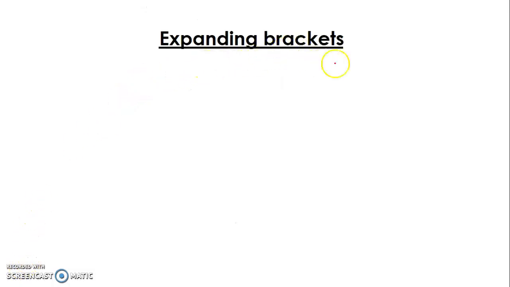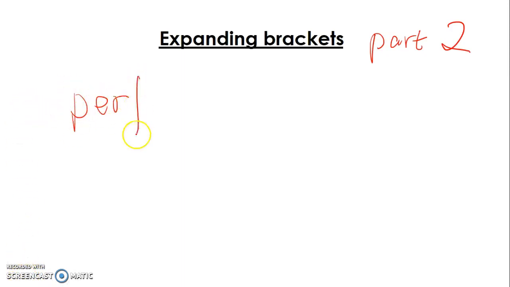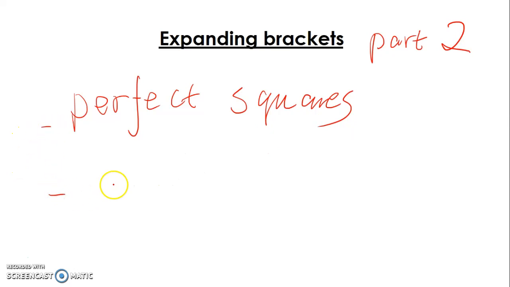Well, today we're doing expanding brackets, part 2. Now there are two parts to that. One will be perfect squares, and the second one would be difference of two squares, which I'll explain later. Let's start with how we expand perfect squares.